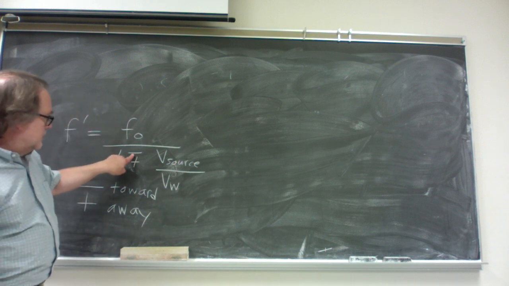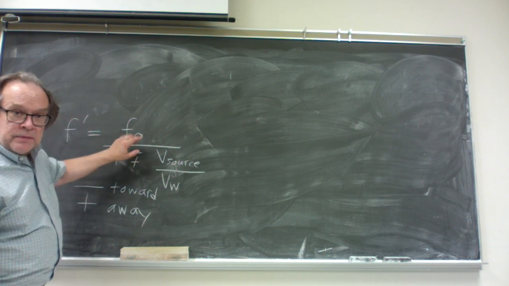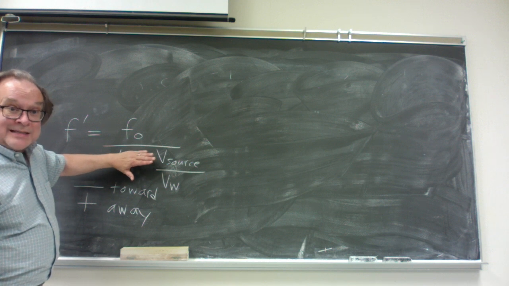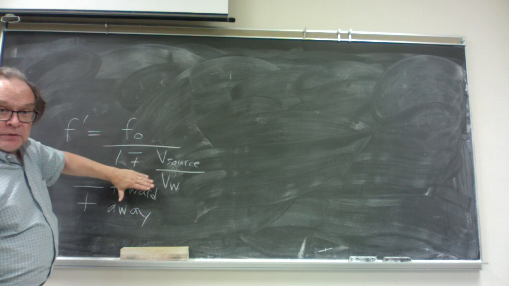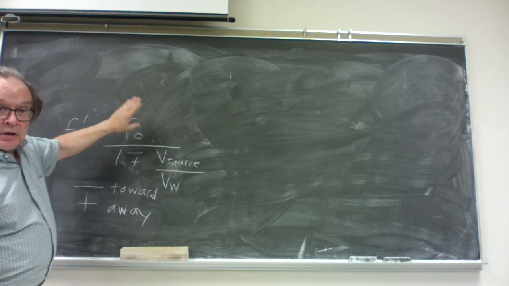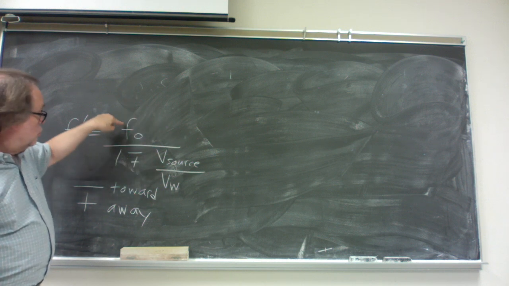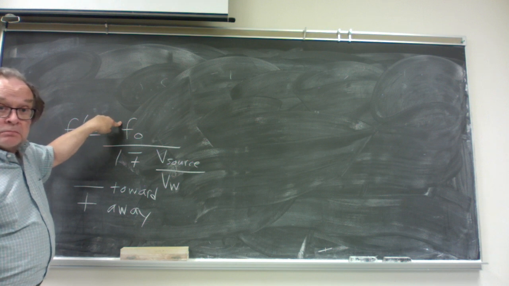Because if you've got a minus sign here, then this denominator is less than 1. So this whole fraction here, since it has a denominator less than 1, is greater than f0.